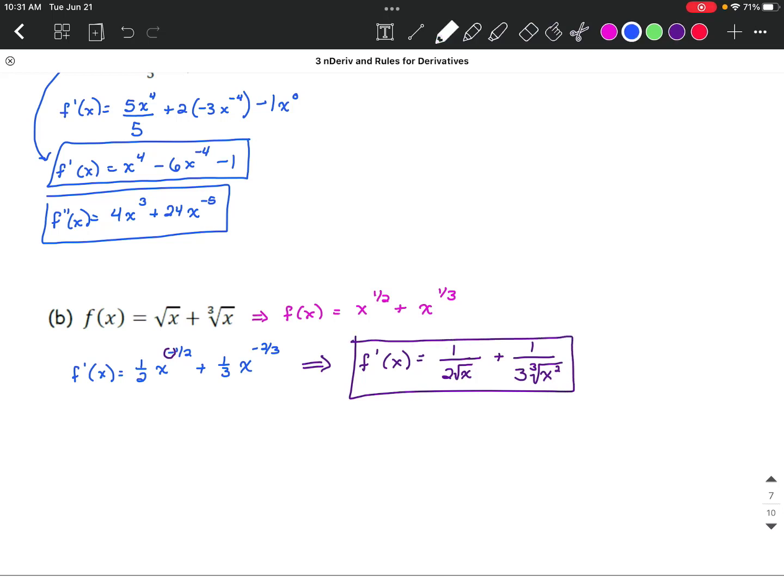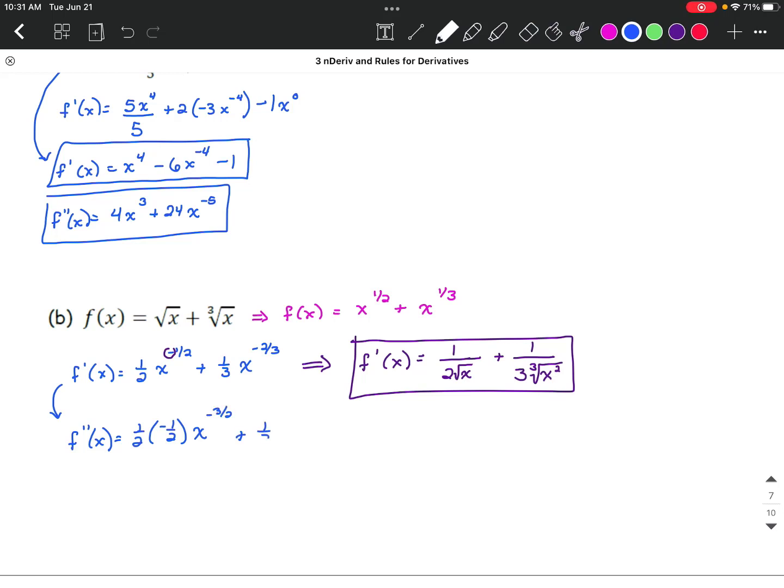Now I still have to take my second derivative, but we're going to go back to this form to do our second derivative. And we're going to do 1/2 times, bring down that exponent, negative 1/2, x raised to the, now negative 1/2 minus 1 is negative 3/2.